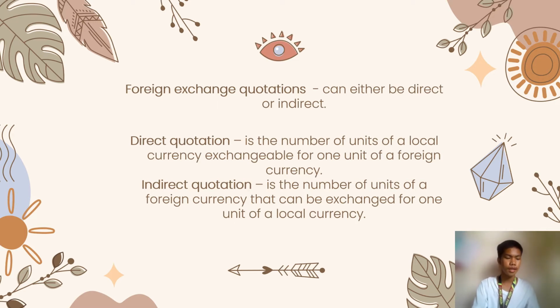Now let me give you an example. So, dito sa Pilipinas, ang halaga ng isang dollar in peso is 53.3236. And kailangan mo na US dollar para makakuha ng isang peso is 0.04.